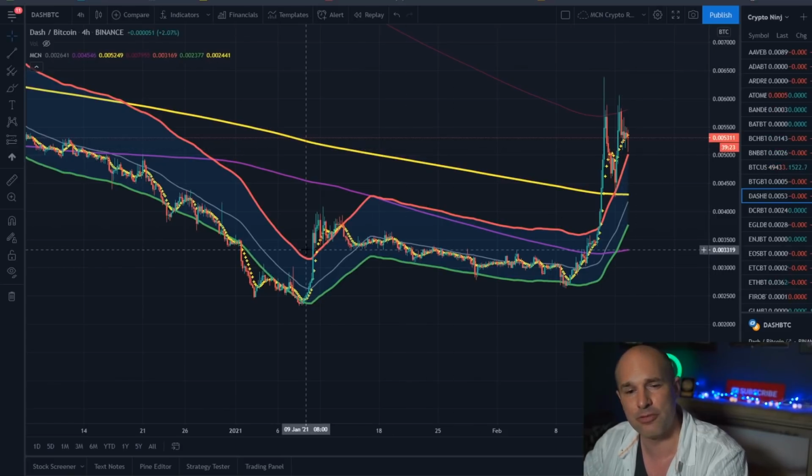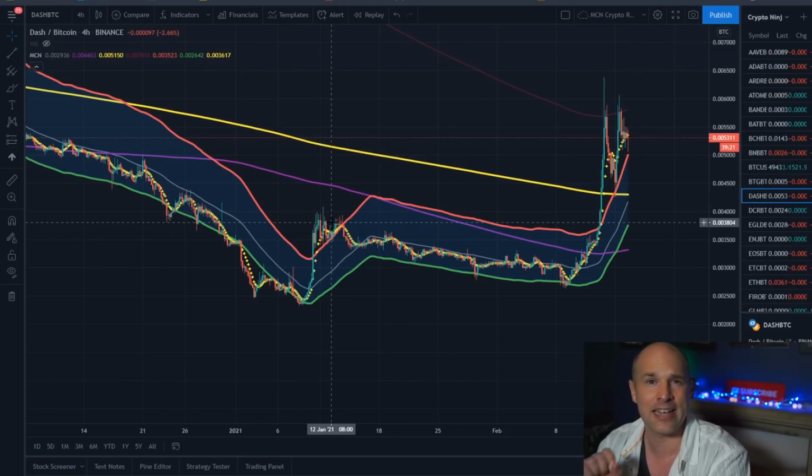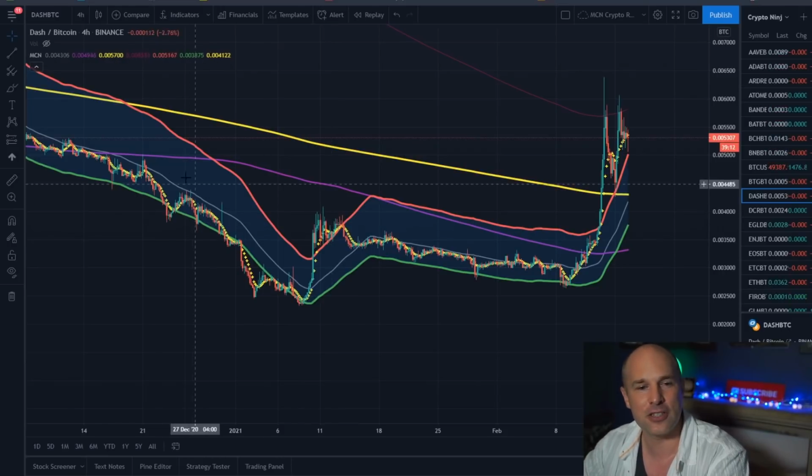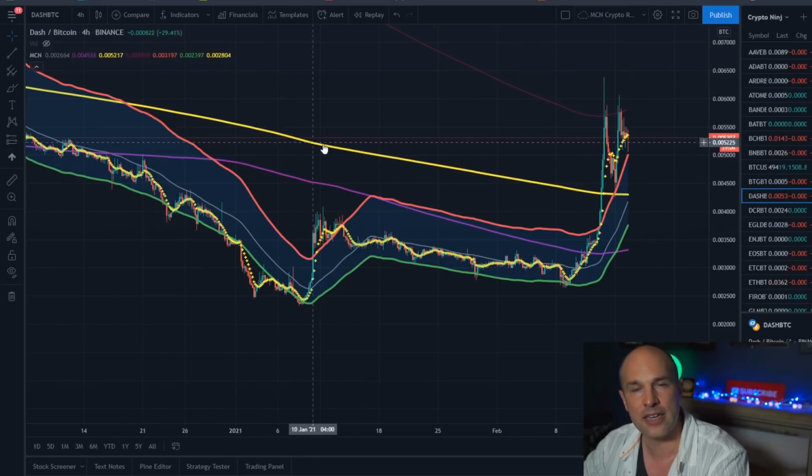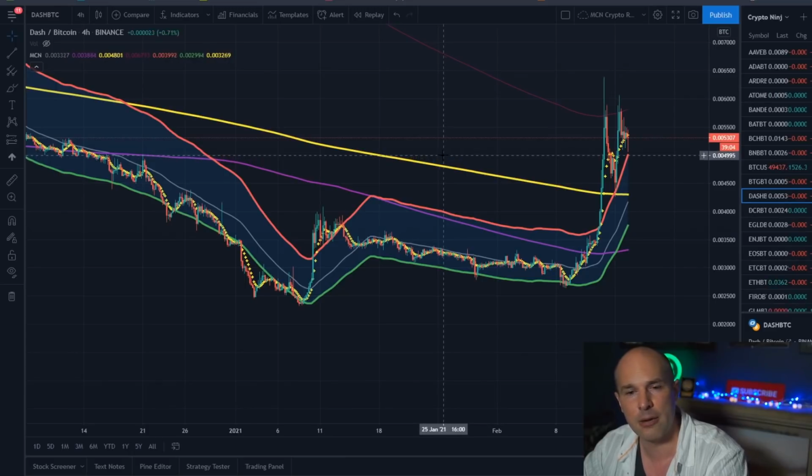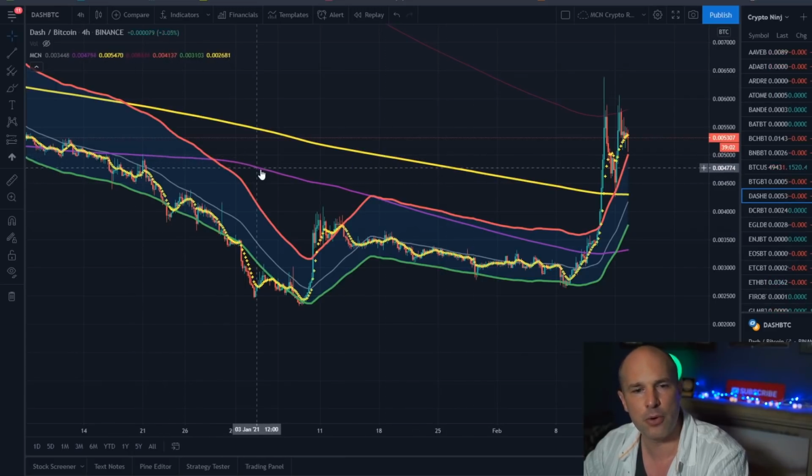Now, anytime that it comes out the top is an okay place to sell, but you don't necessarily want to go all out and sell everything that you've got straight away, because just look here. This is the faster of the moving averages coming down here, and this is the long one. So the yellow one is the 120-day moving average, and the purple one is the 50-day moving average.